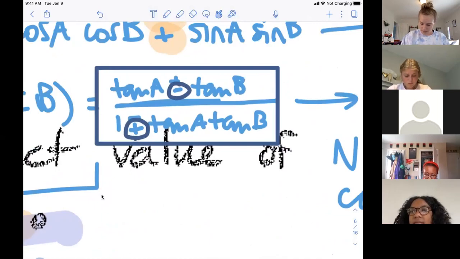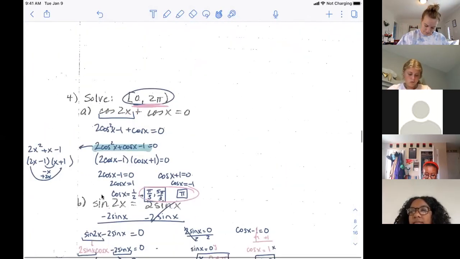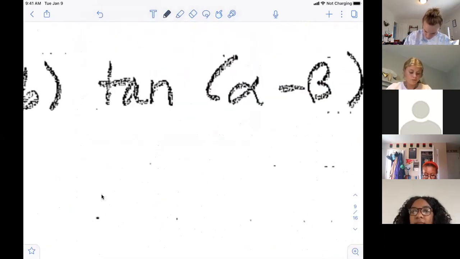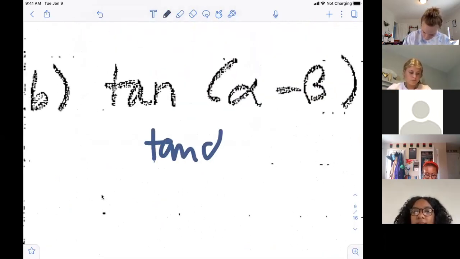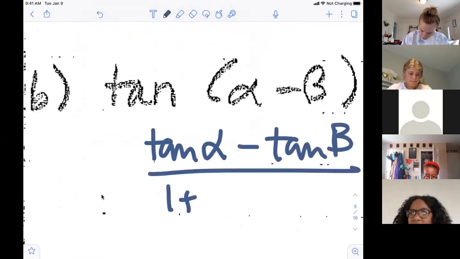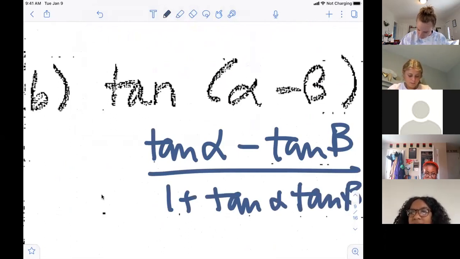Okay, let's go write it down. Tangent of alpha minus tangent of beta over 1 plus tan of alpha, tan of beta.